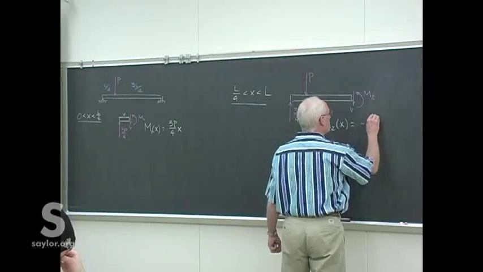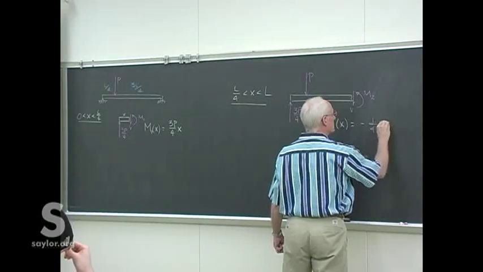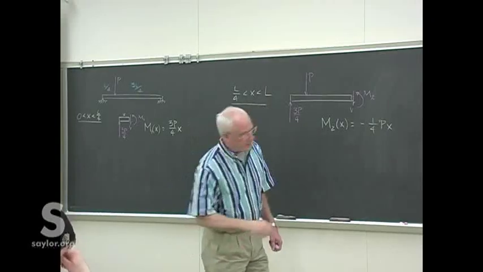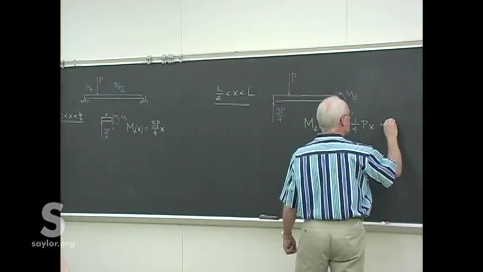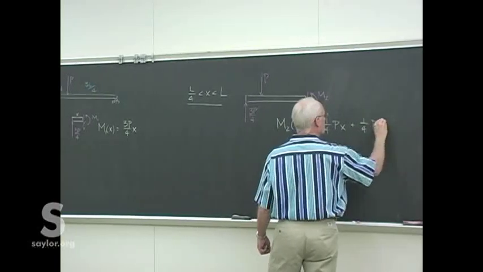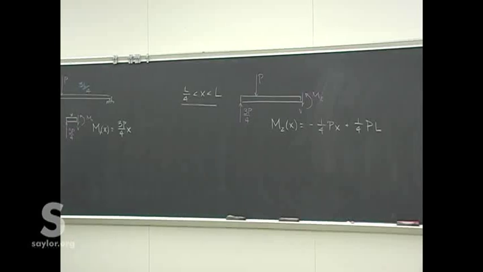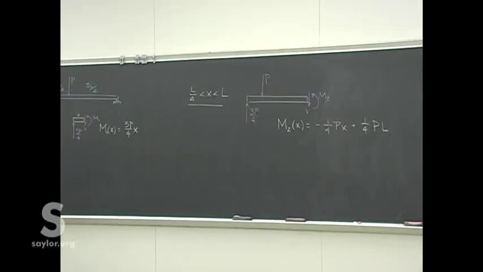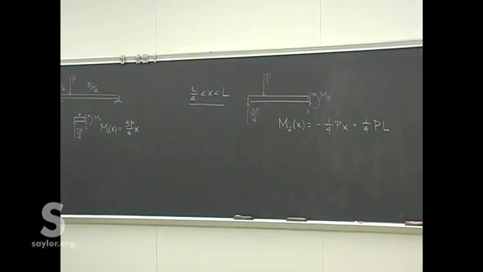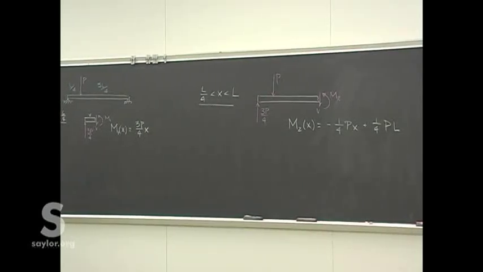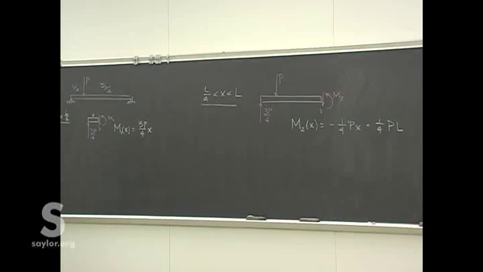Minus 1/4 Px. So the boundary condition. Plus 1/4. Don't worry about the boundary conditions yet. Just get the curve. We don't need the boundary conditions till we've gotten all the way back to the load curve, I'm sorry, the elastic curve.